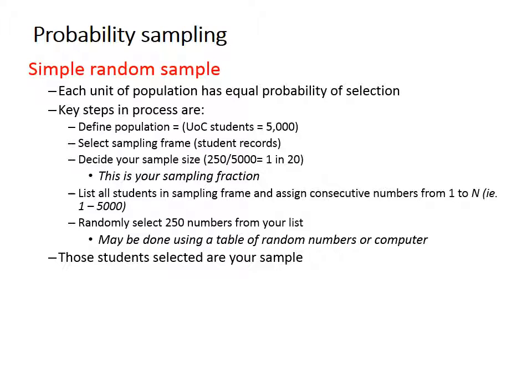Now you can think about some of these principles if you're looking at maybe the population of students within the school. How many students do you have within the school? Can you just select randomly some of those students to participate in your study?